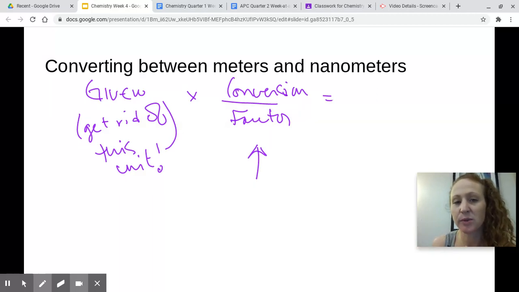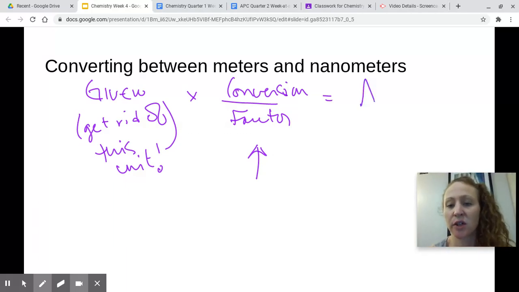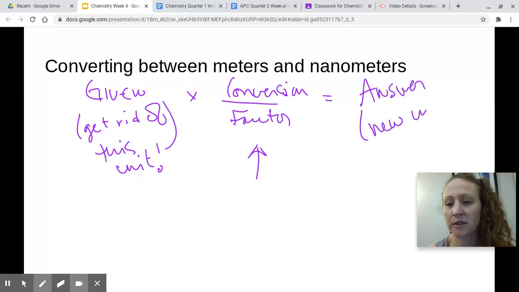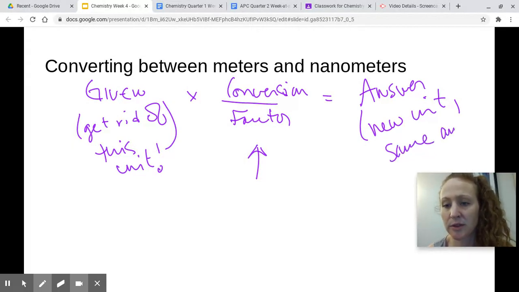If you start with a specific height, it's going to change the unit that height is communicated in, like inches to feet or meters to centimeters, but the actual length of your thing is not going to change. You get the answer in a new unit, but the same amount.